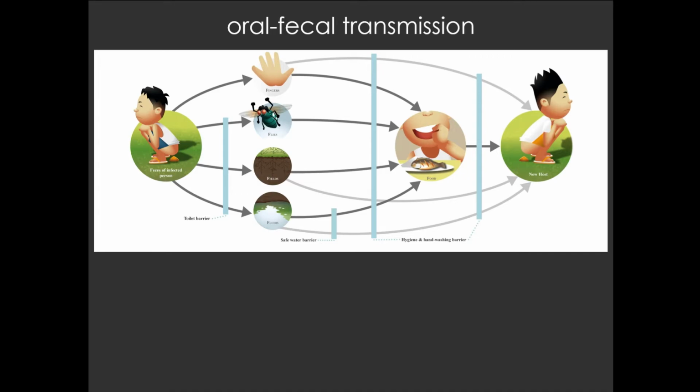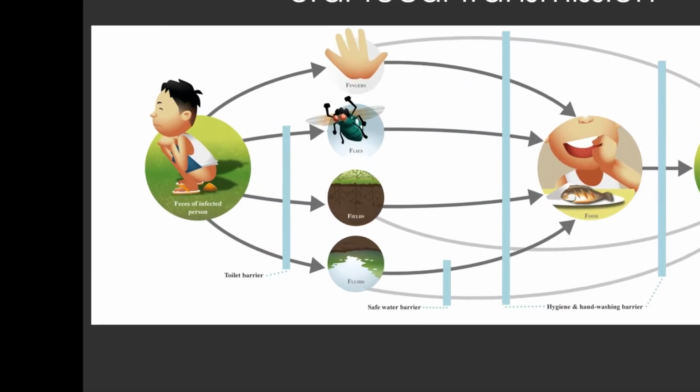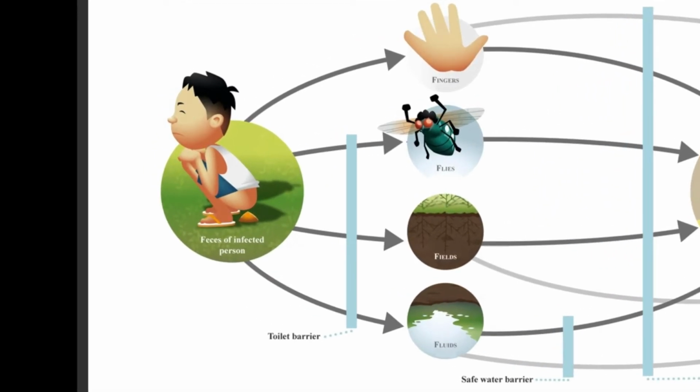So that might be something that's on the hands of that person and then gets transmitted to their own mouths via auto-infection. It might be that that person's hands are contaminated and they touch a fomite, an inanimate object, which then touches your food like that plate.